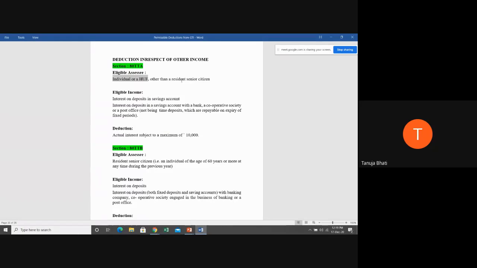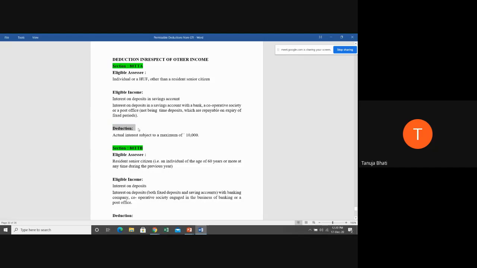Remember, if you are an individual below the age of 60, or if you are an HUF, you will get the deduction under section 80TTA. But on what will you get the deduction? It is interest on deposit in savings account with a bank, a cooperative society or post office. If you are getting that interest, it will be a deduction for you.